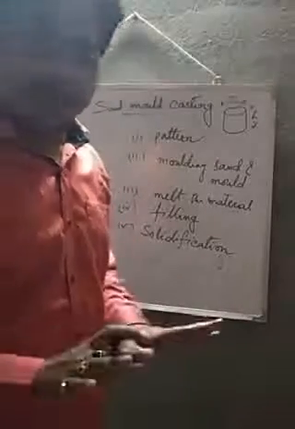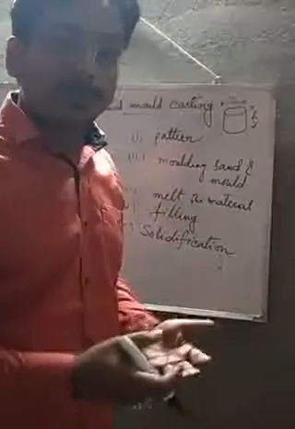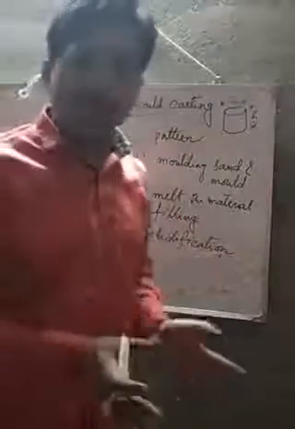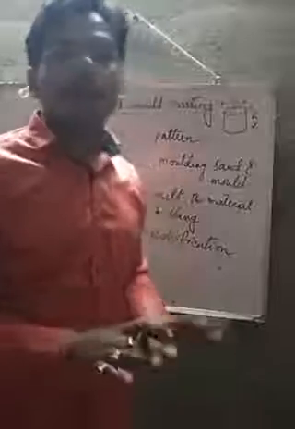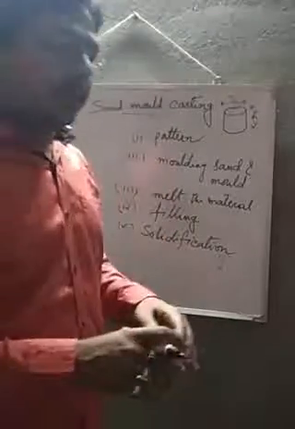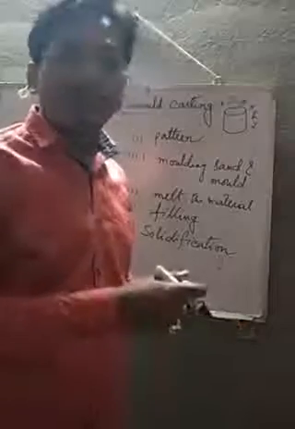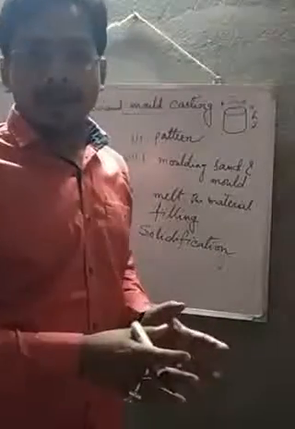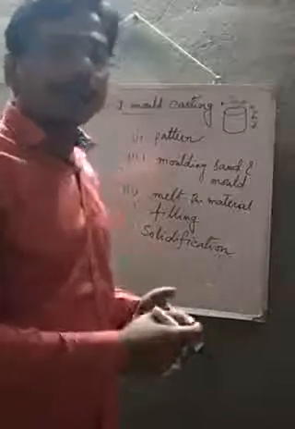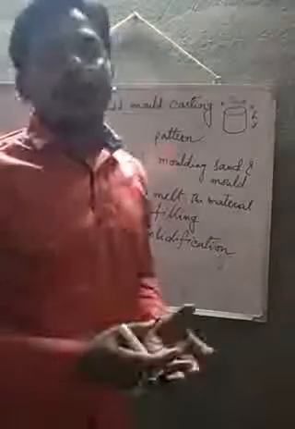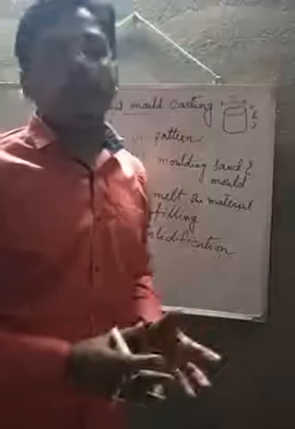It is very acceptable if the pattern can be made as a single piece, but it is not possible all the time, either for withdrawing it from the mold or for filling the molding sand. There are also some other factors due to which we use different types of patterns for making the mold cavity.